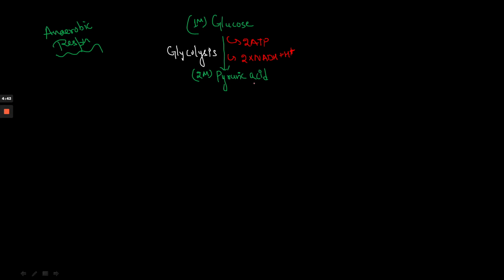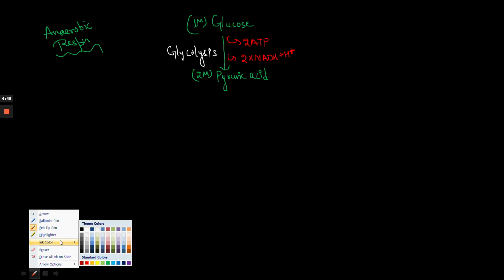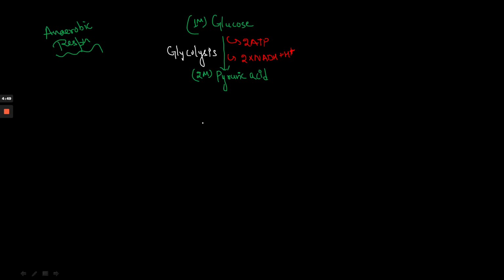Now, once this pyruvic acid is formed, then depending on which cell this reaction is occurring in and what the conditions are, the pyruvic acid is led into further processes. And since we are talking about anaerobic conditions, here the oxygen will be lacking.